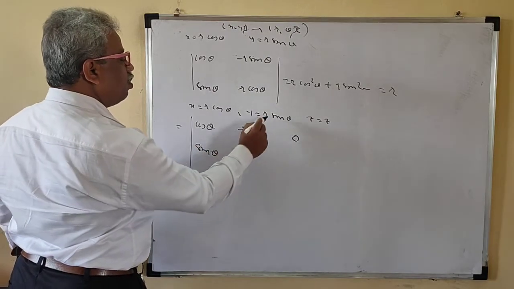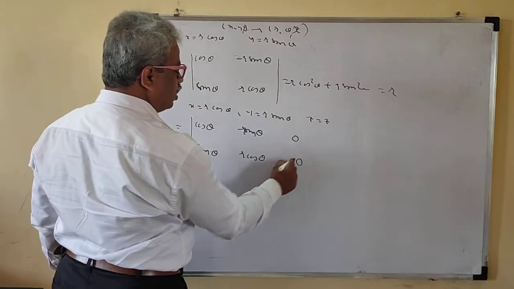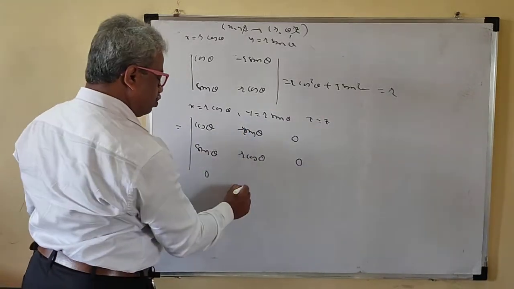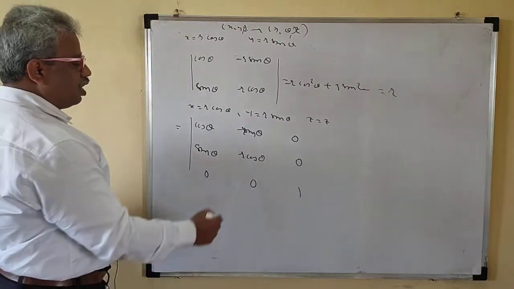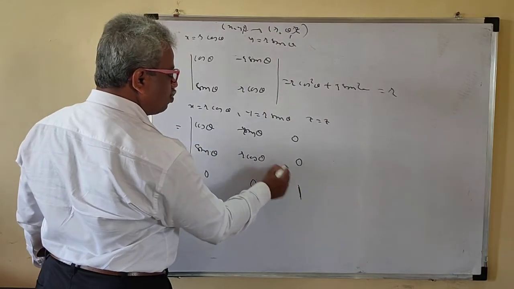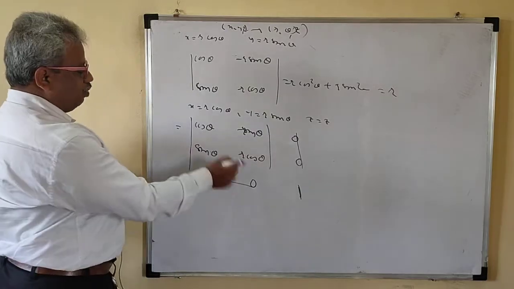Differentiate with respect to theta, this is r cos theta. Differentiate this with respect to z, it is 0. For z, with respect to r it is 0, with respect to theta it is 0, and with respect to z it is 1. So now this is 1 here, and these are 0, so this is equivalent to the earlier determinant.